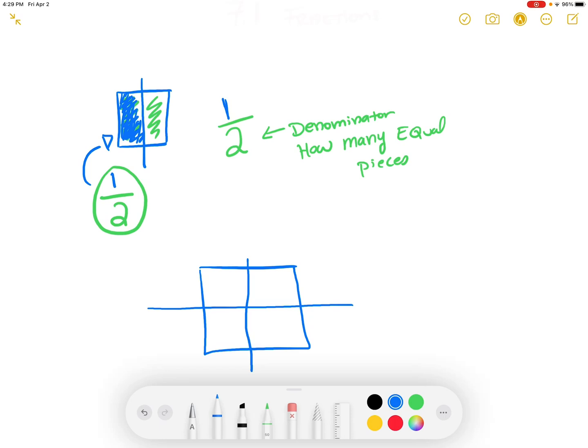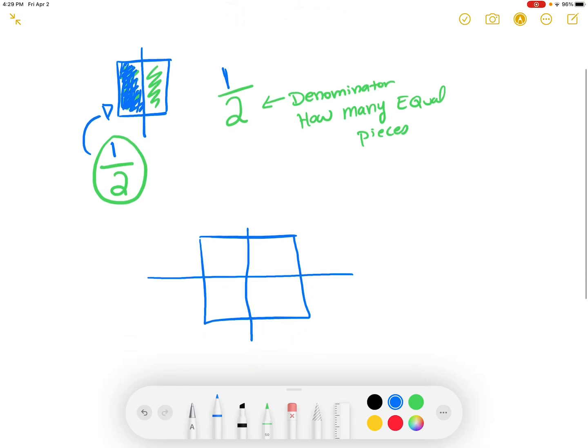And now, how many pieces of the box do I have? Well, if I'm drawing my fraction, I literally have 1, 2, 3, 4. I have 4 total pieces, right? 4 total pieces. And are they equal? They're roughly equal in size, but 4 equal total pieces.